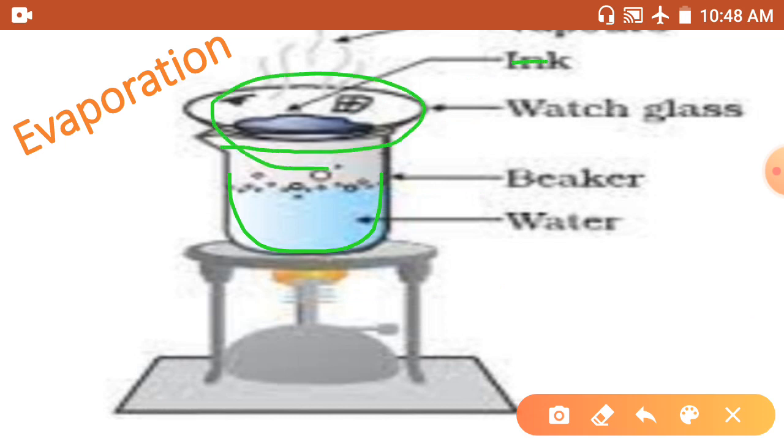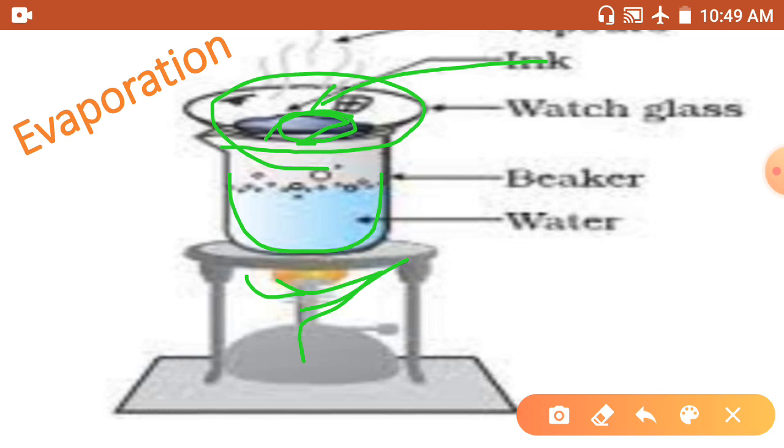Put 4 or 5 drops of ink on the watch glass and start heating the beaker, but you cannot heat the beaker directly. After some time you can observe all the water has evaporated, and only the black or blue dye is present on the watch glass. So this is the evaporation method.